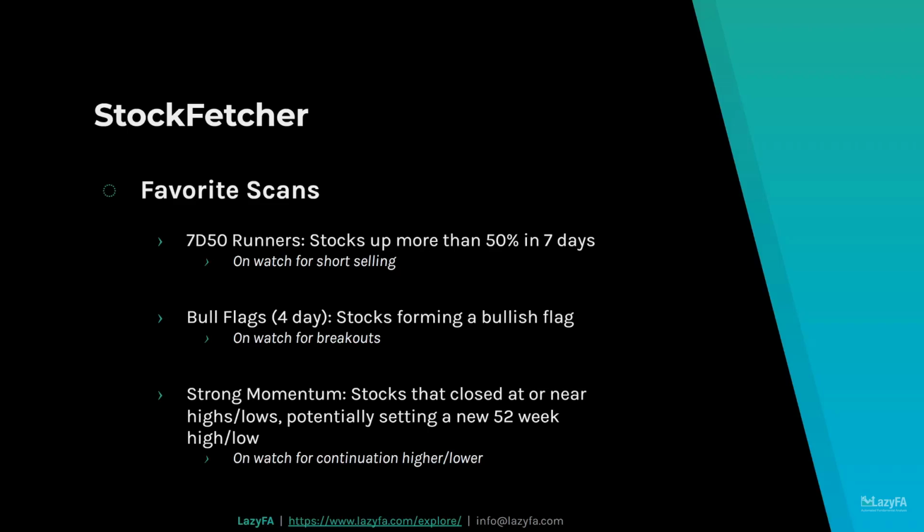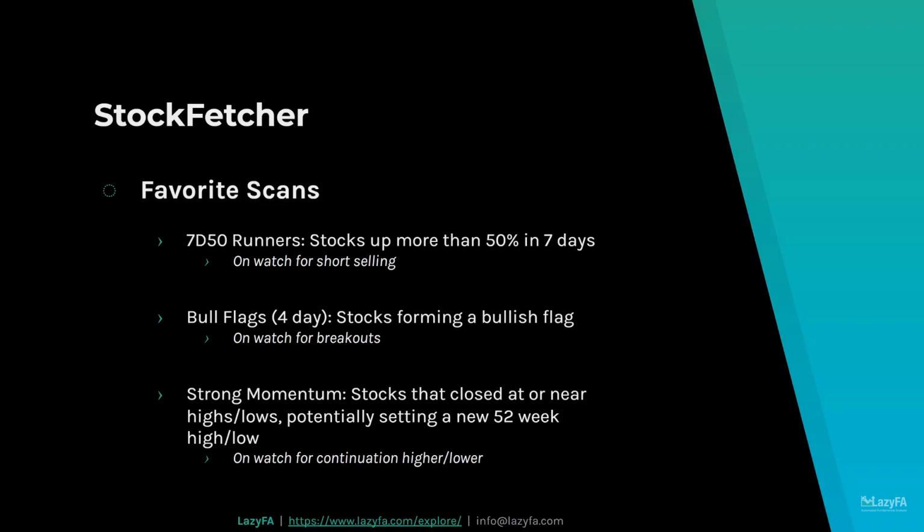The second one is looking for bull flags, and I'll show you what that looks like when we look at examples in Stockfetcher. That scan is just looking for stocks that form a bullish flag, and I'm keeping those on watch for breakouts. Then I have 4 other scans, which are all based on strong momentum: strong momentum up and down, and strong momentum up and down that set new 52-week lows and highs.